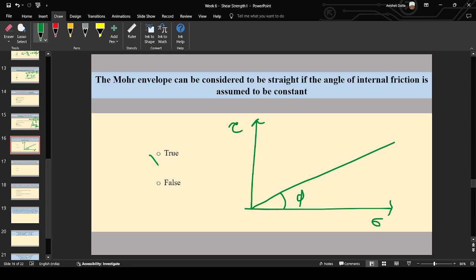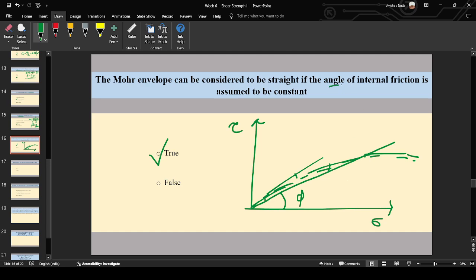It is true. What will happen if it is otherwise? Suppose the Mohr envelope is not a straight line, it is a curved line like this. It means what? The angle of internal friction varies as per the tangent at each point. Here it will have a different value, here a different value, here a different value. Okay.